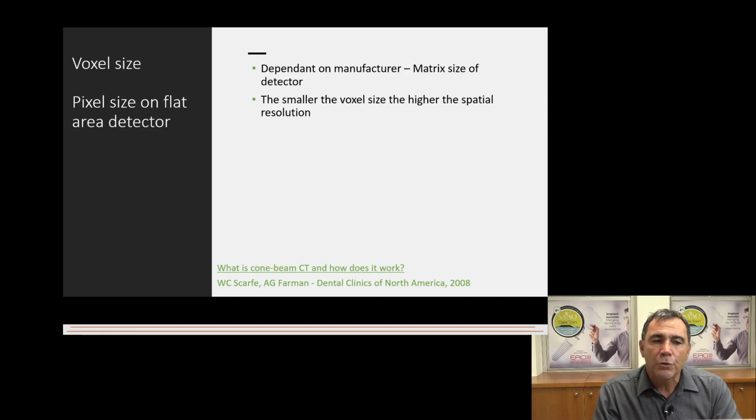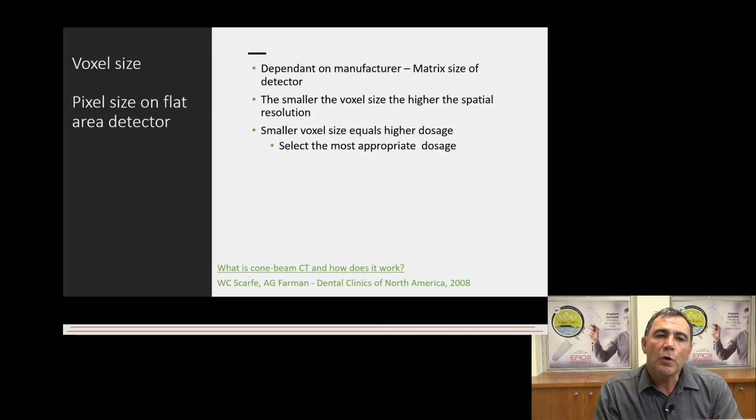At the bottom you can see "What is cone beam CT and how does it work" by Scarfe et al., a very good paper that you can go and look at. The smaller voxel sizes equal higher doses. But the biggest mistake that I commonly see is that people want to go too low.